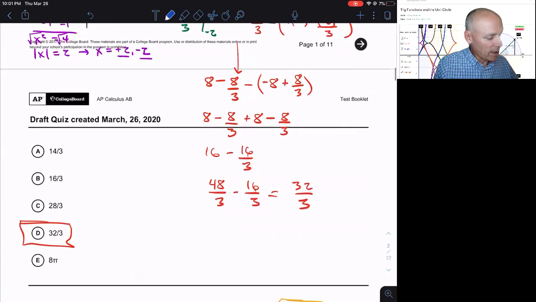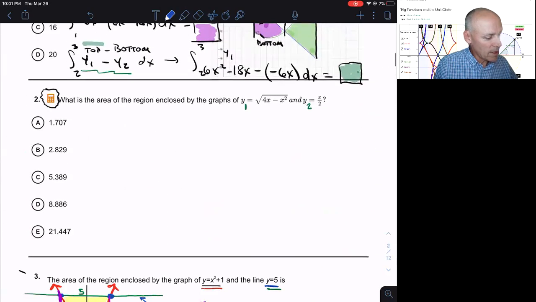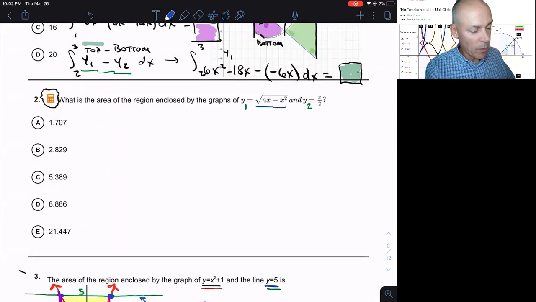Guys, I'm going to go back and do this calculator problem right here, number 2. So what we're looking at is, I've already put this in the calculator. So I put y1, this function here, and I put in my y2 in my calculator, x over 2.